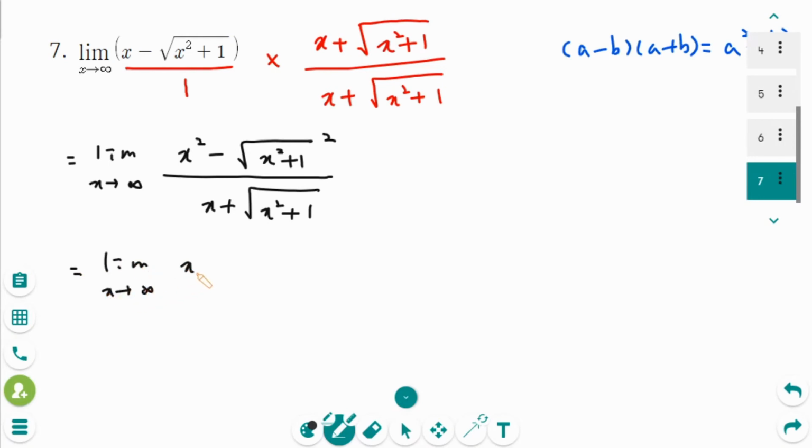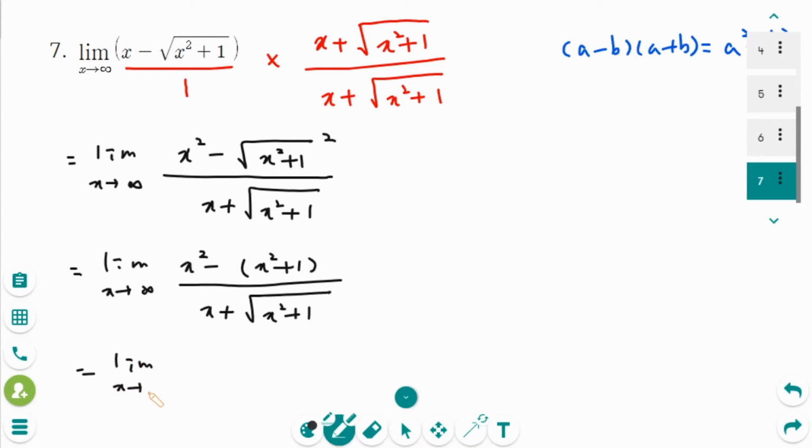So this is x squared minus this one, x squared plus 1, over the same thing, and x squared minus expand, x squared minus 1 over same thing.